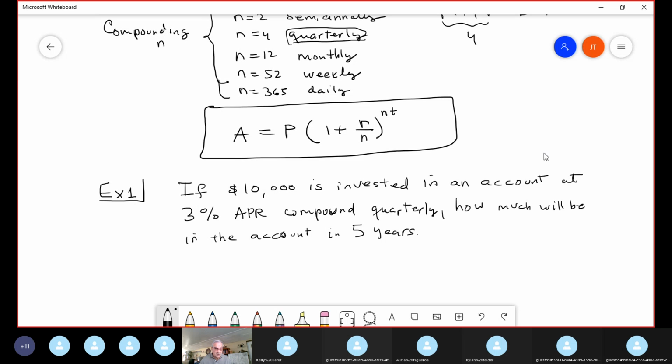The supposition, of course, is that no money is withdrawn.